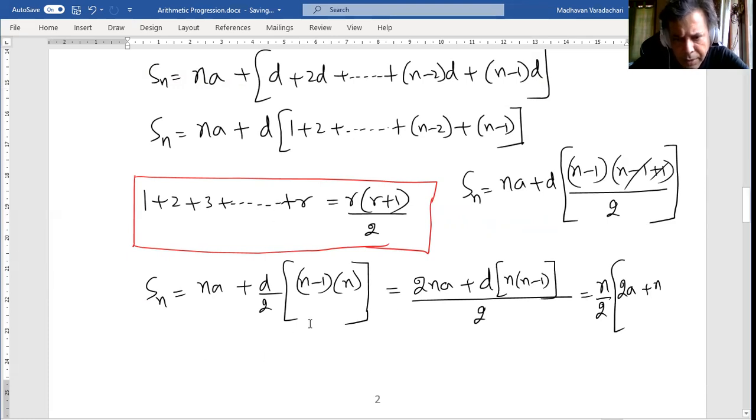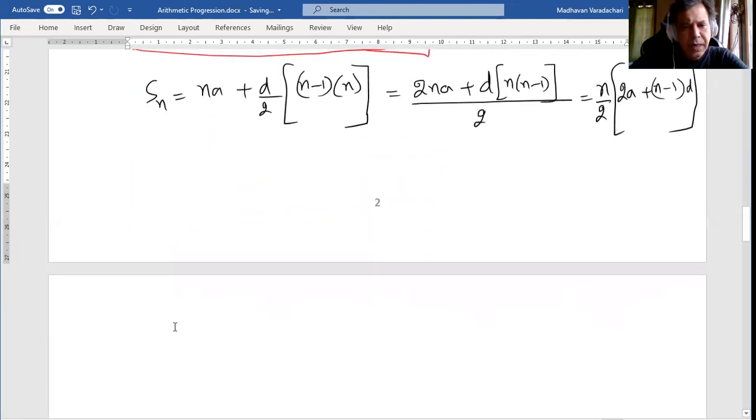So what I did is I took n by 2 outside. So 2a will be the first term, and here it will be 2a plus n minus 1 times d. That will be the sum of the first n terms, right?